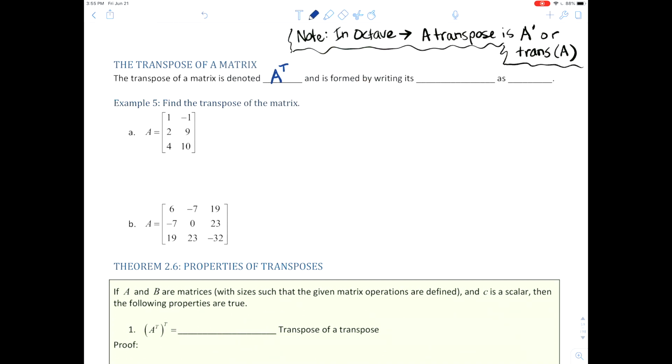The transpose of a matrix is denoted A superscript T and is formed by writing its columns as rows.